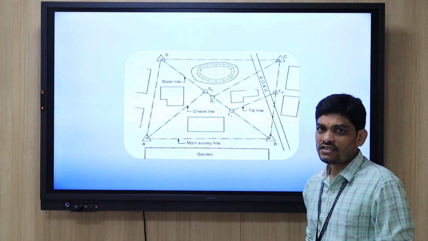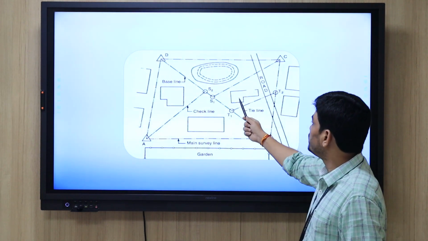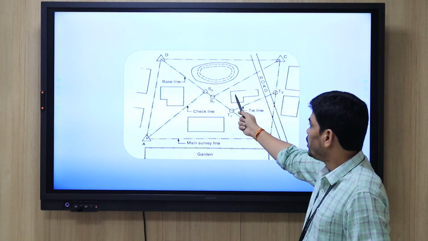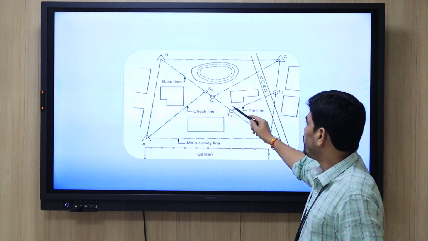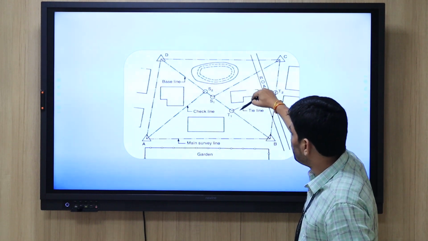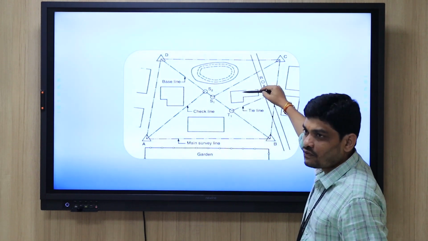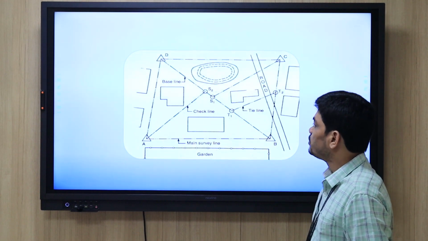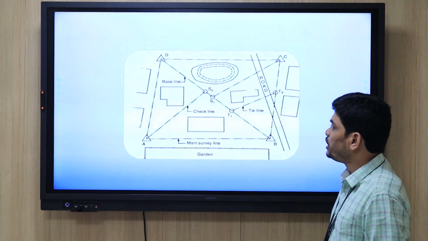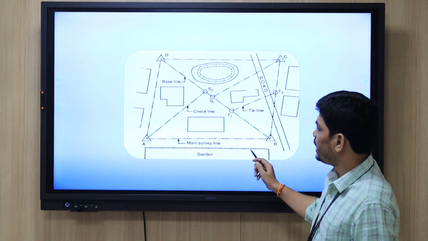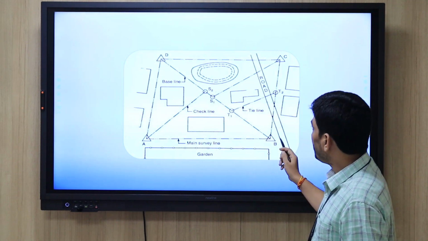The purpose of the tie line is if you want to represent some building inside this area, with this survey line we can identify the dimensions and all those things. So when we are using chain surveying, these terminologies are very important: base line, check line, main survey line, tie line.